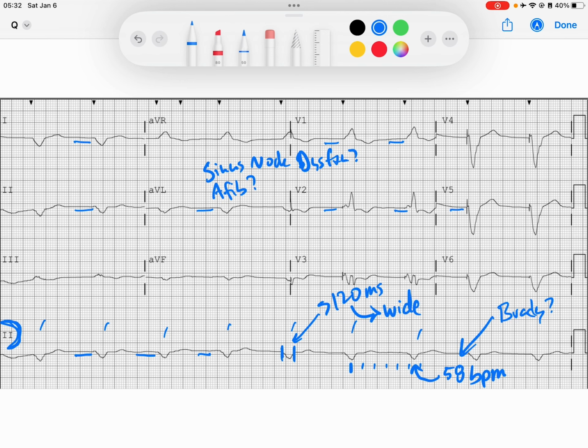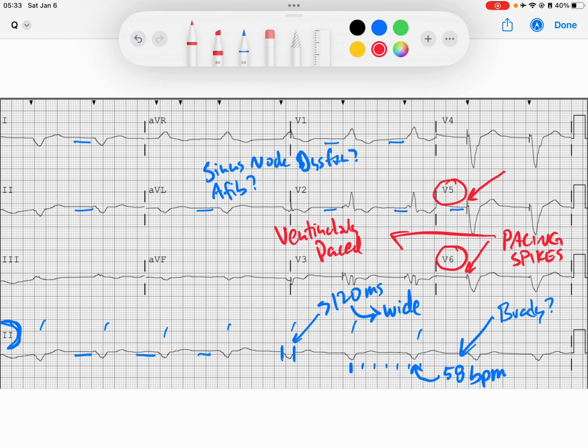If you look over at V5 and V6, what you're going to notice is right in front of these QRSs, we've got pacing spikes. And when you see pacing spikes in front of a wide complex QRS, you know that this rhythm is being ventricularly paced.